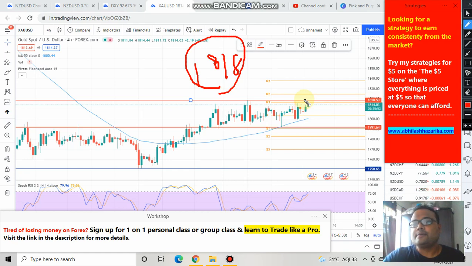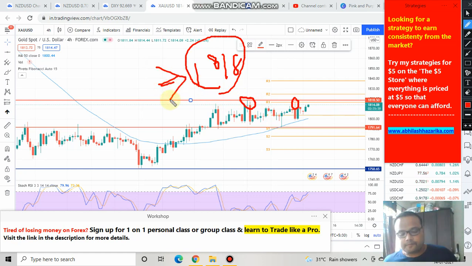So in case price starts getting rejection from above again, just like the old times, you can see that whenever market touched the 1818 level, or went near the 1818 level, it started seeing selling pressure from above. In simple words, some sellers are sitting at this level, and they are not allowing the market to cross this level.